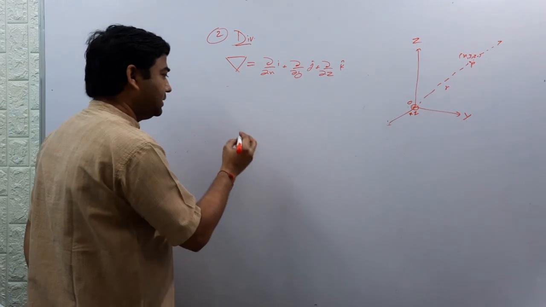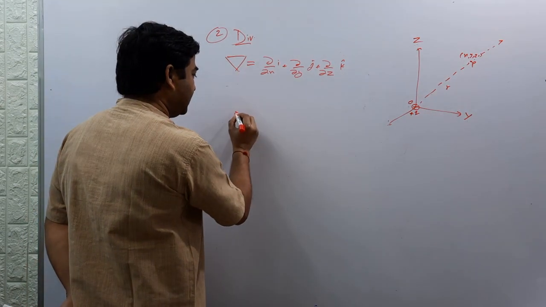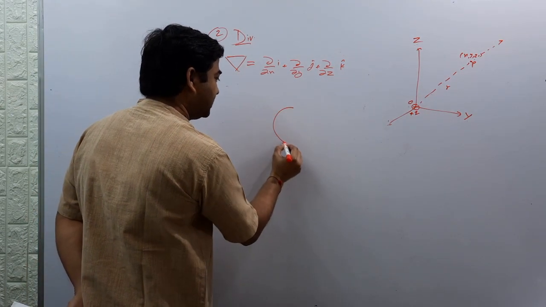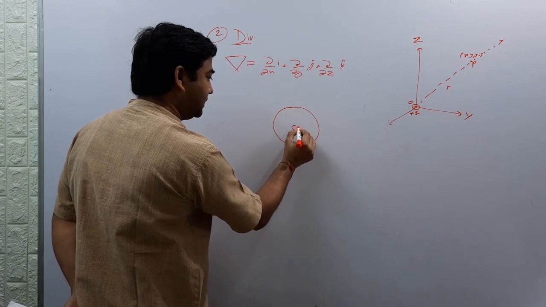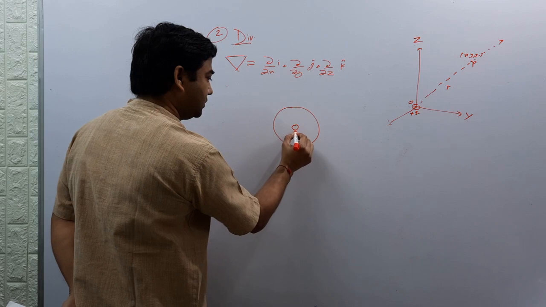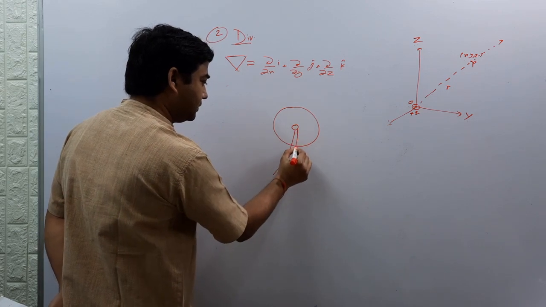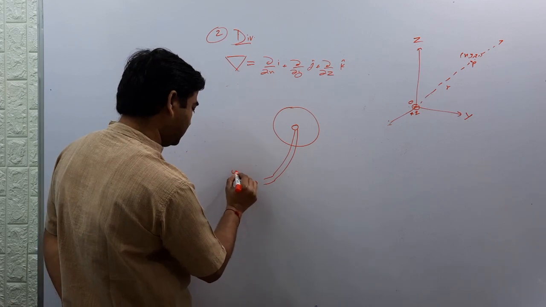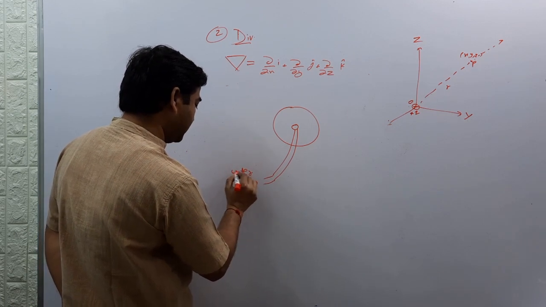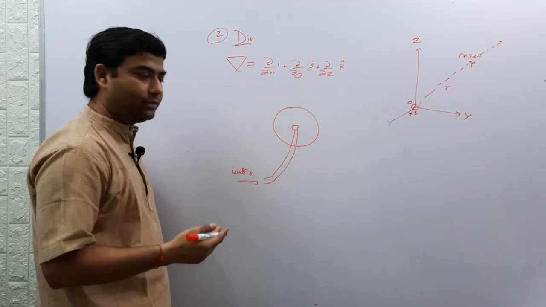Just for example, let this be a sphere, and at the center of the sphere you have a simple pipe of water. Now we are discussing the physical interpretation of divergence.